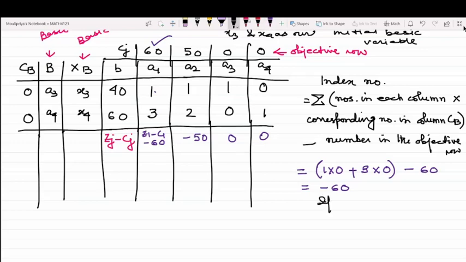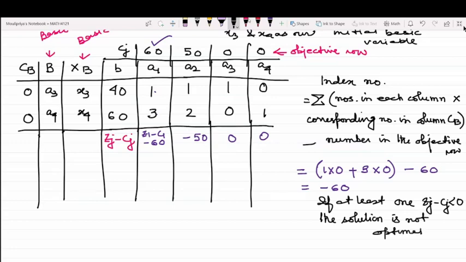It says that if at least one Zj minus Cj is less than 0, the solution is not optimal and we seek a revised basic feasible solution.